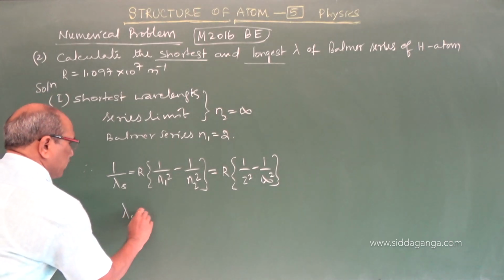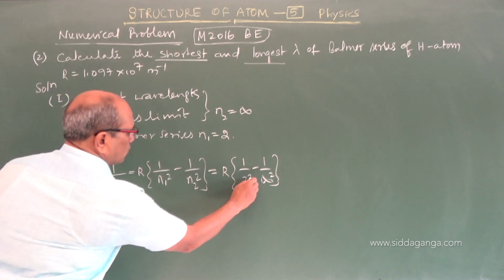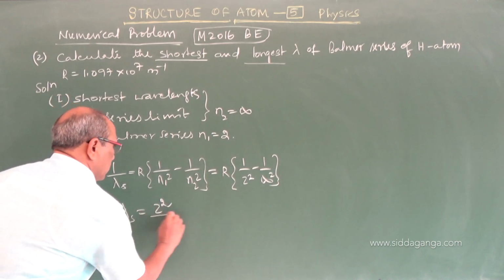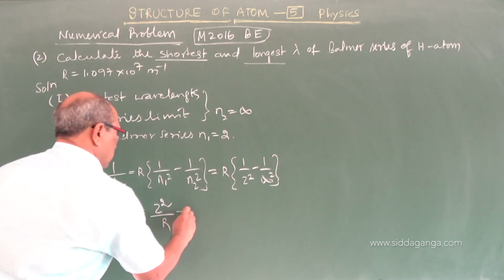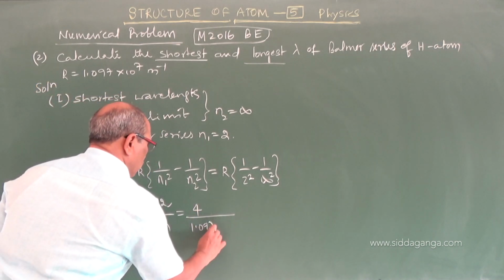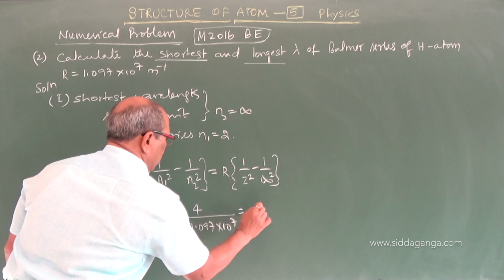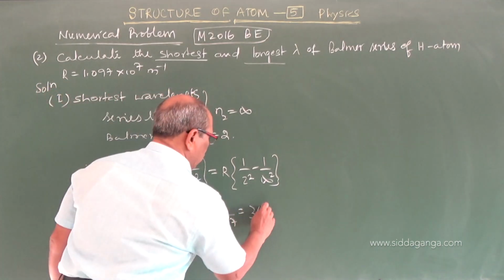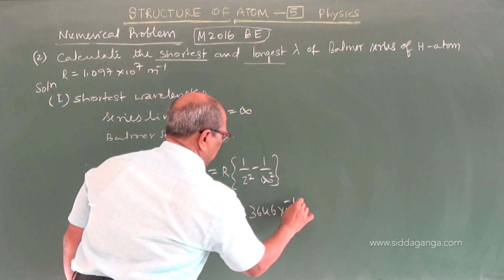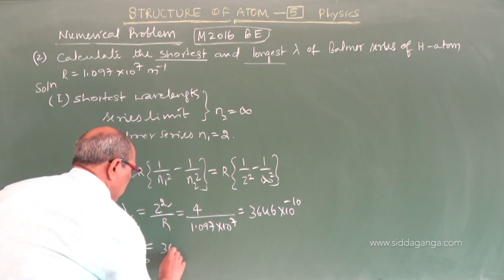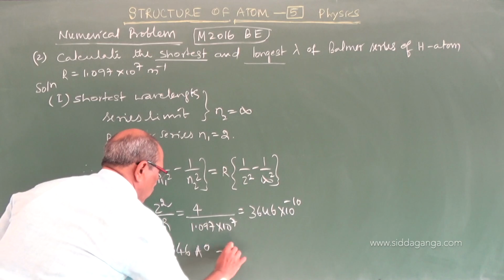Our shortest wavelength becomes 2 square by R, that means 4 divided by 1.097 into 10 power 7. If you simplify this, you will get the value 3646 into 10 power minus 10, or shortest wavelength is 3646 angstrom.